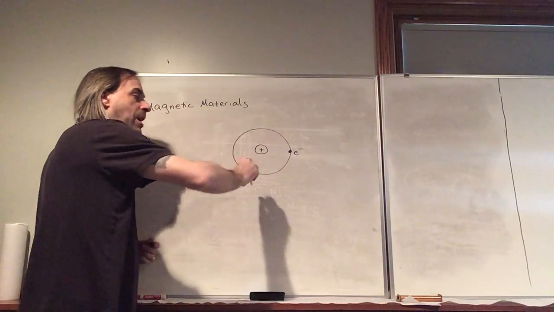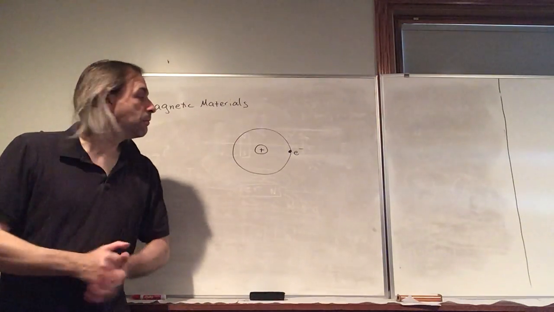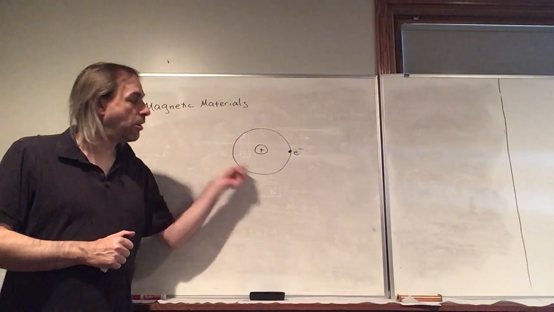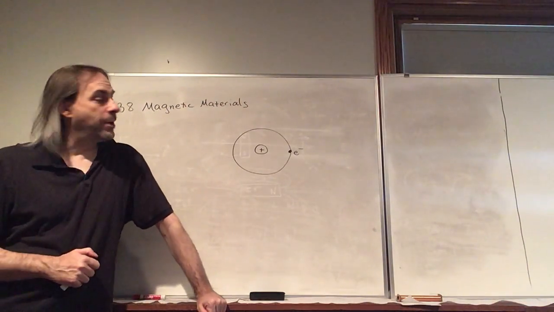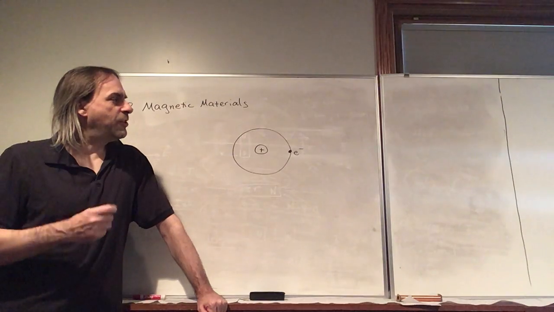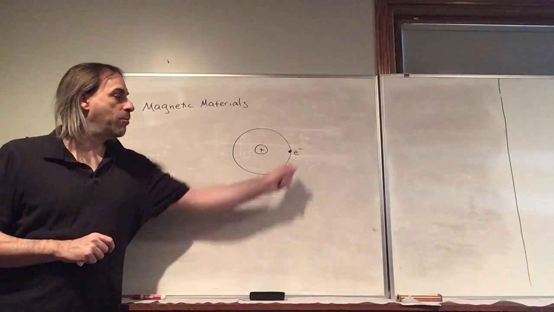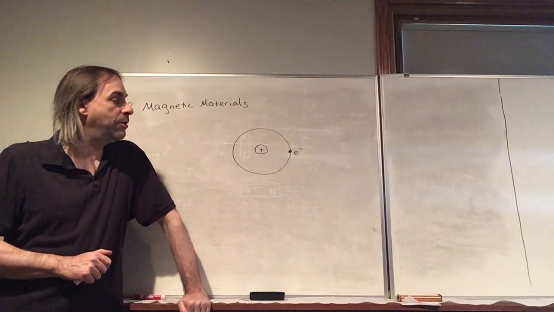We think of the electron as orbiting the atom. So we have a current, even though it's a kind of discrete charge, at least in this model. That should create a magnetic field. And there's also an intrinsic magnetic moment for the electron and also for the particles that make up the nucleus, like protons.